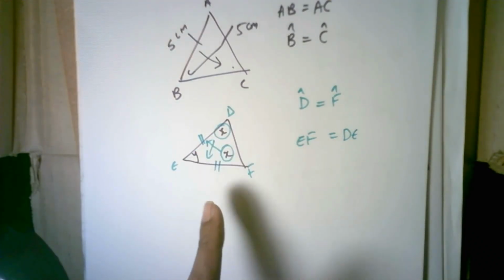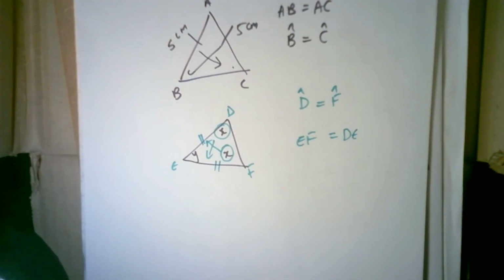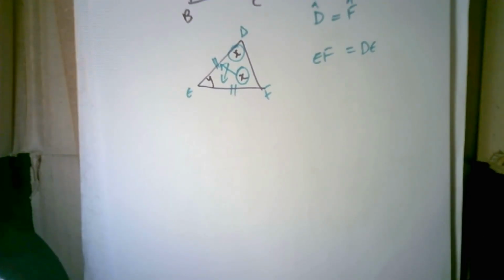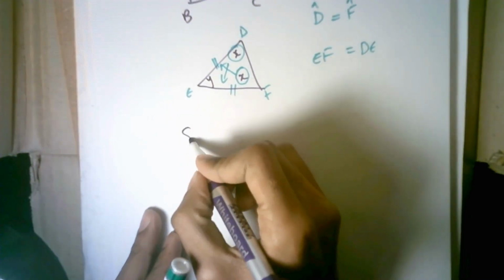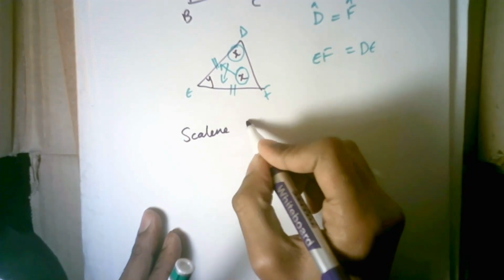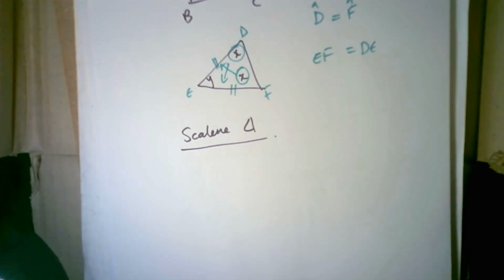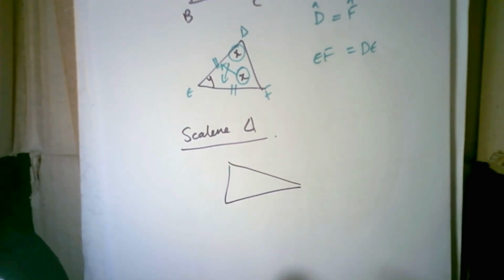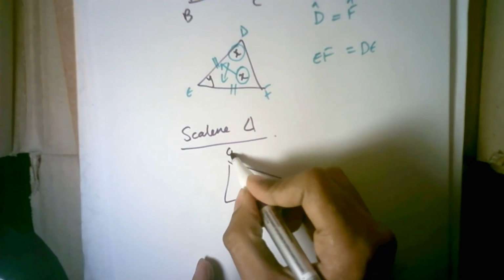Again, I'm going quite fast on this because you should have looked at these types of triangles in primary school as well. So this is quite nice to recap. The last type of triangle that we have is the scalene triangle. With the scalene triangle, we know that no sides are equal and no angles are equal. So for example, if this is triangle GHI, just imagine that this is a triangle.